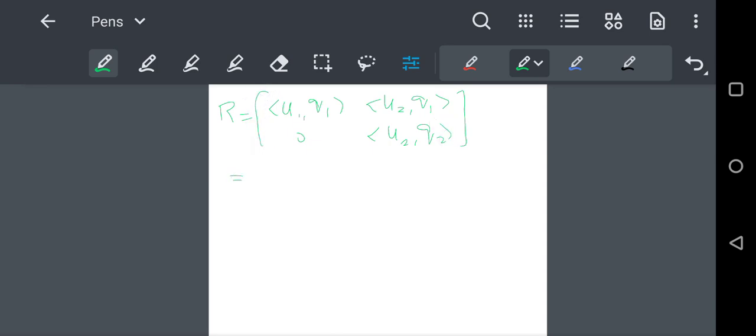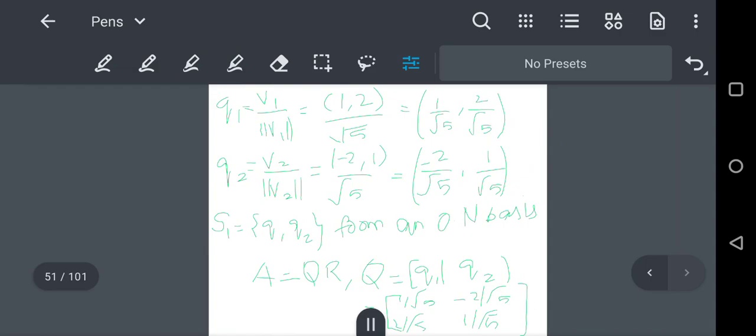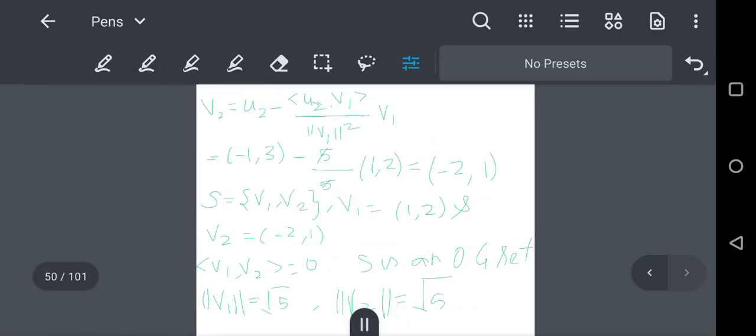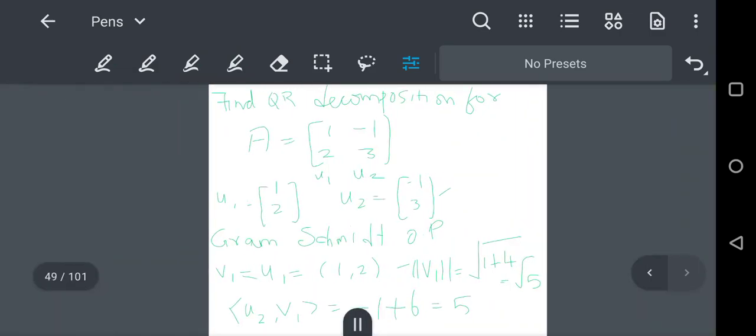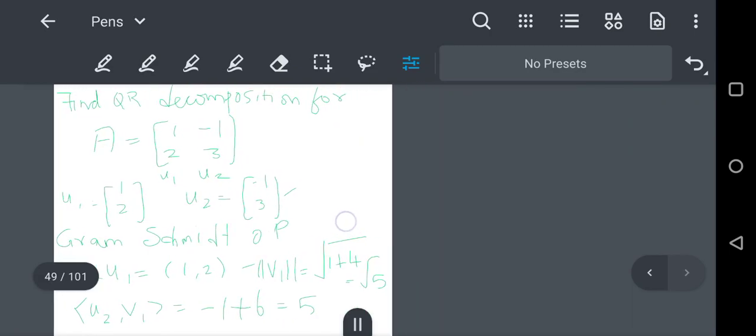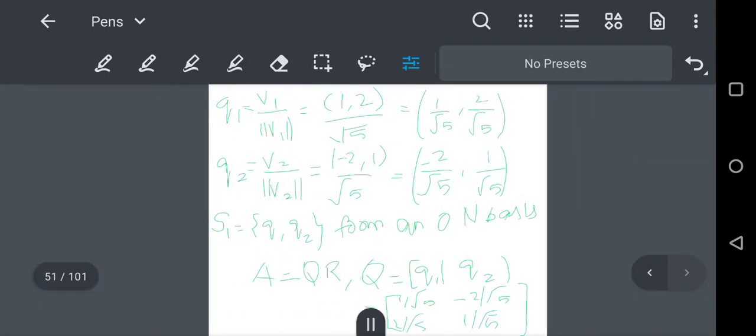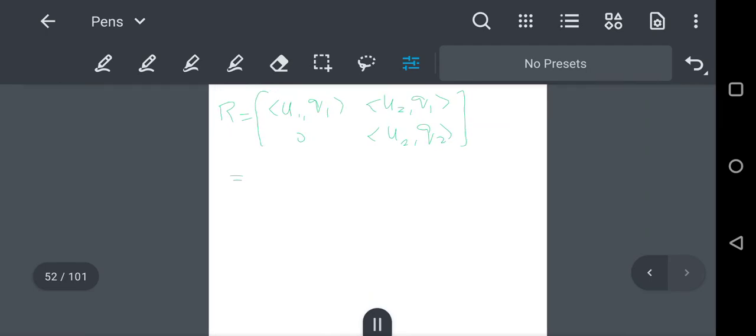So for u1 comma q1, we know the value for u1 is (1, 2). Let me find it out step by step. The inner product between u1 and q1 will give you root 5 as your answer.